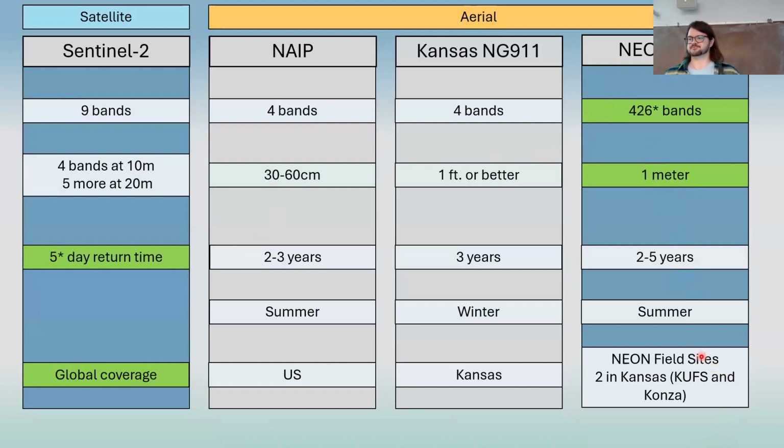I think there's some uncertainty about what it's going to look like, but it could be every 2 to 5 years. In contrast, with satellite products, we might sacrifice a bit on spatial resolution and spectral coverage and resolution, but we have much better temporal resolution and coverage.